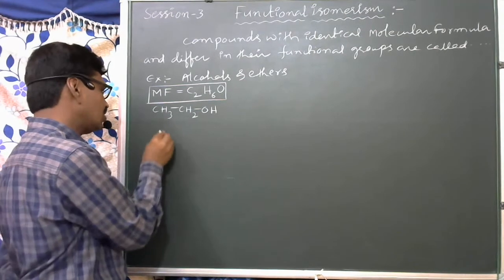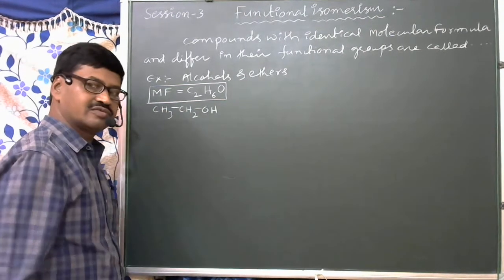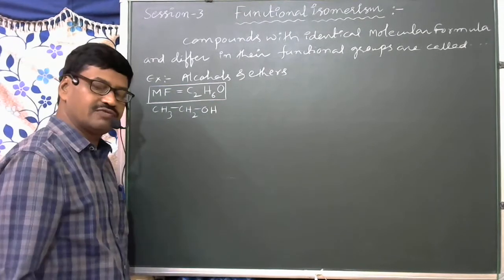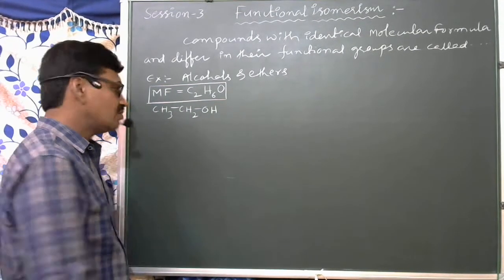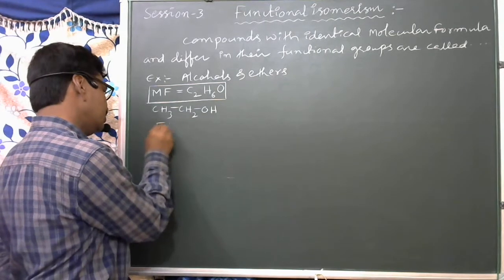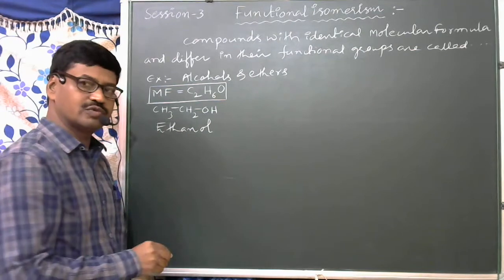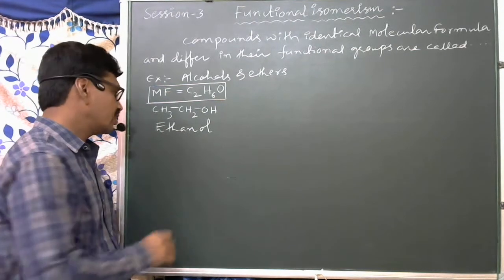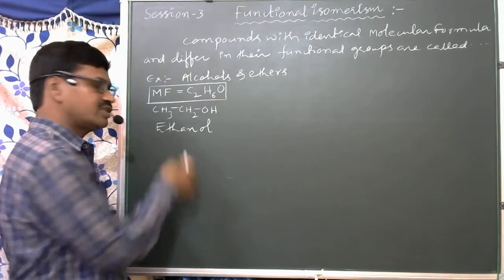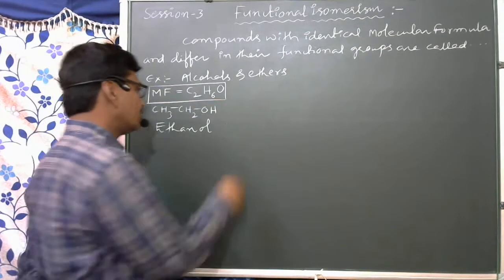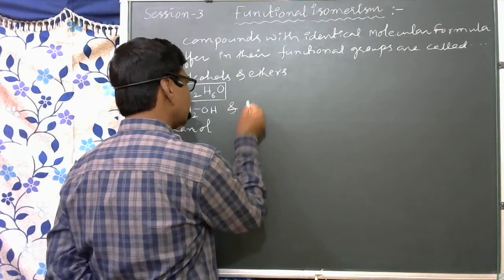What is the name of this alcohol? Two carbons are there. So root word is eth, and the suffix for OH functional group is ol. Ethane plus ol means ethanol. Ol is the functional name. Otherwise, the common name is ethyl alcohol.